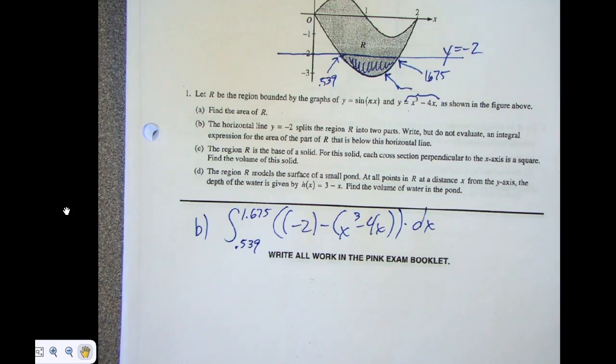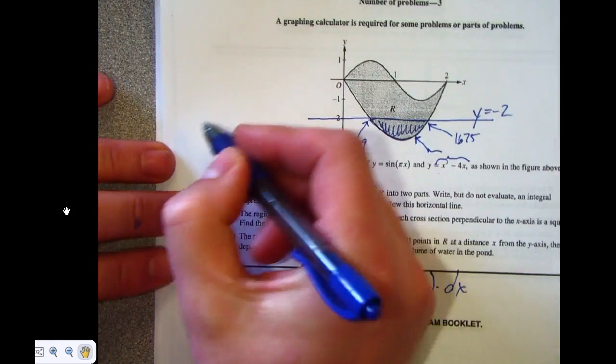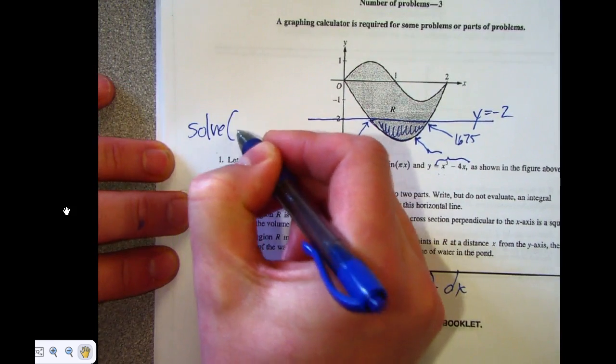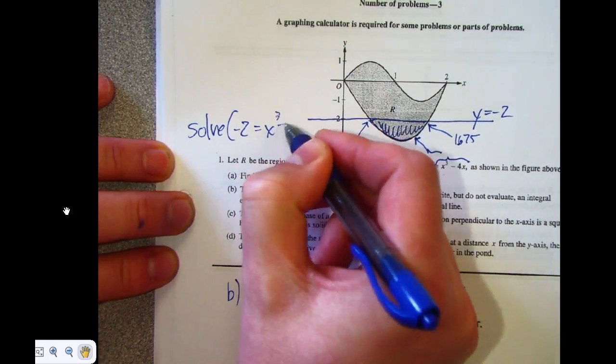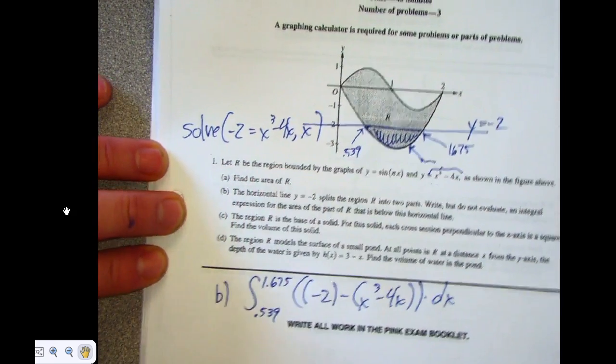Wait, what are you plugging in for that? In the solver. So I went solve -2 equals x to the third minus 4x, comma x. That's what I did.